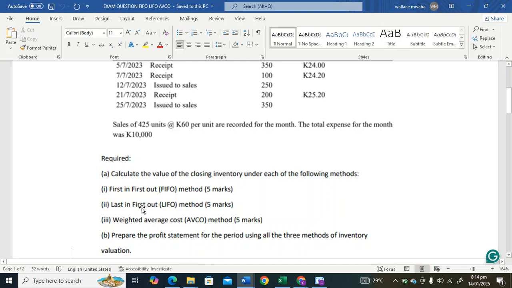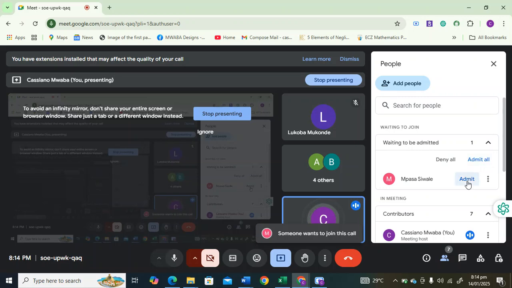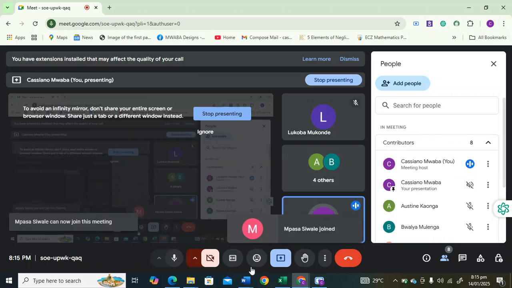The last in, first out method, where the goods that came in last will be sold first, and then the average costing method.